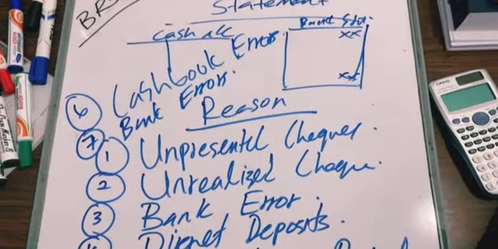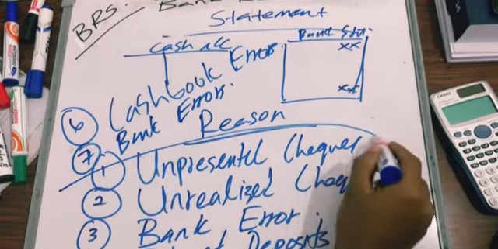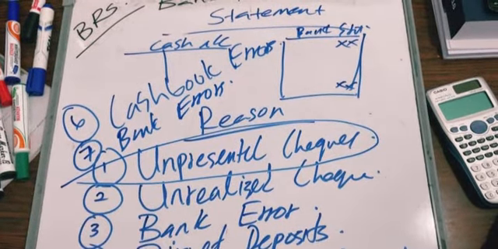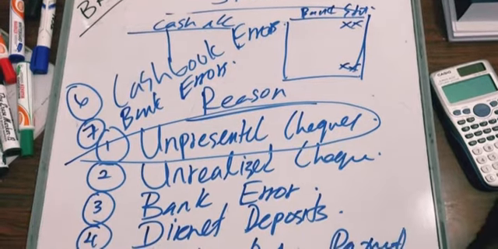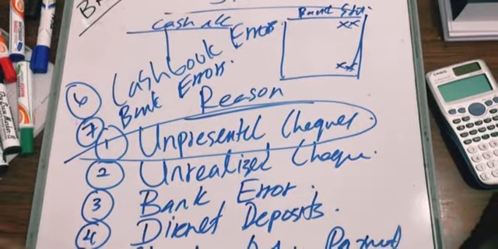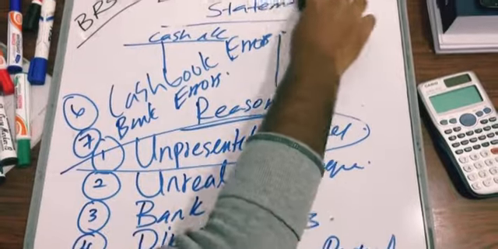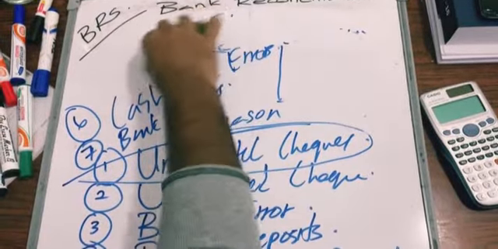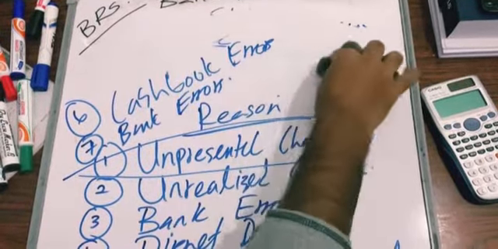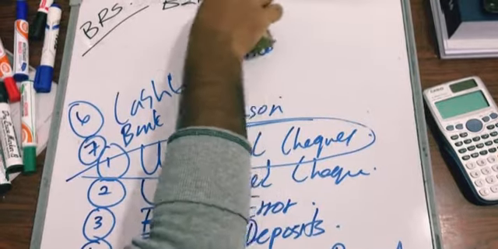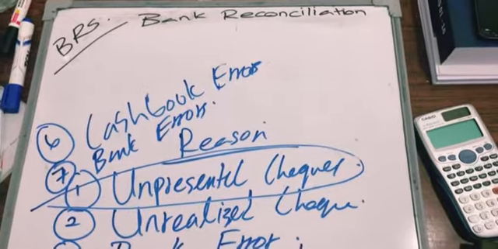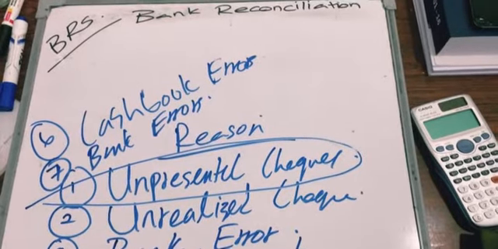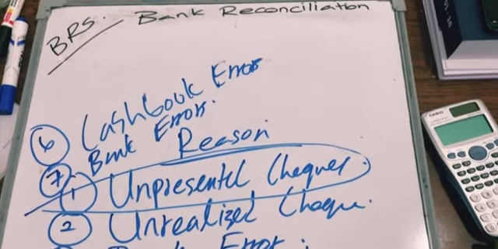Let me explain each of these reasons. Number 1, we'll take unpresented checks. What do you mean by unpresented checks? Example, just think you are issuing a check to a person to whom you owe an amount.